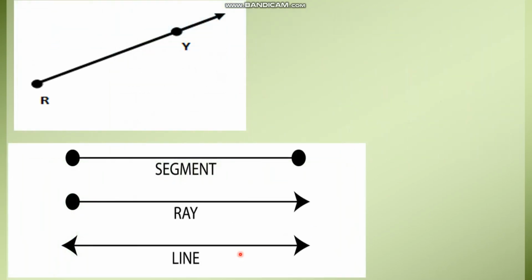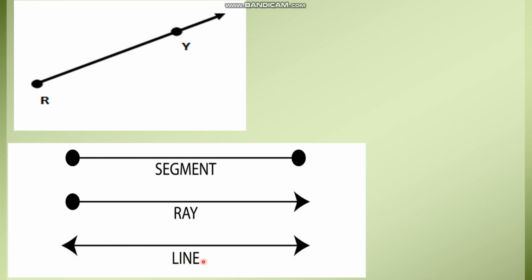So what did we learn today? Today we learned about points, line segments and rays, isn't it? So this is a line segment and this is a ray and this is a line. A line should have arrow marks at both ends. Don't forget to put the arrow marks.